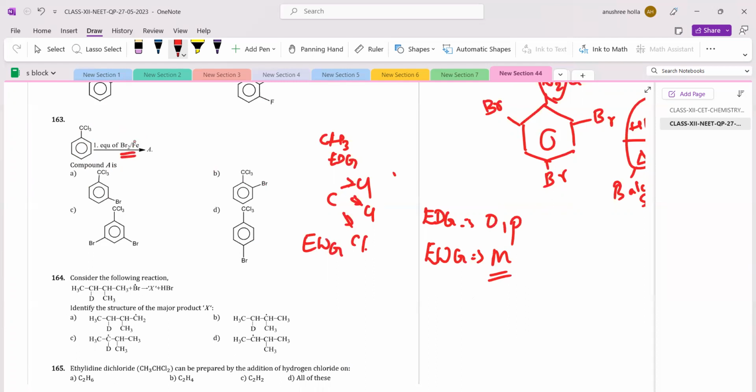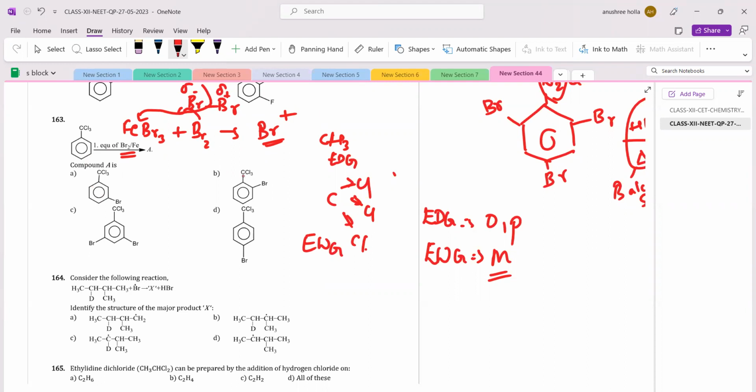So in this Br2 and Fe, you can take any iron catalyst, FeBr3, and if I'm adding Br2, the iron will take one Br, I can write this as Br bonded to another bromine. So Br minus will be taken by FeBr3, and you'll be getting Br plus. This can act as an electrophile, and now this electrophile will be attacking your benzene ring.